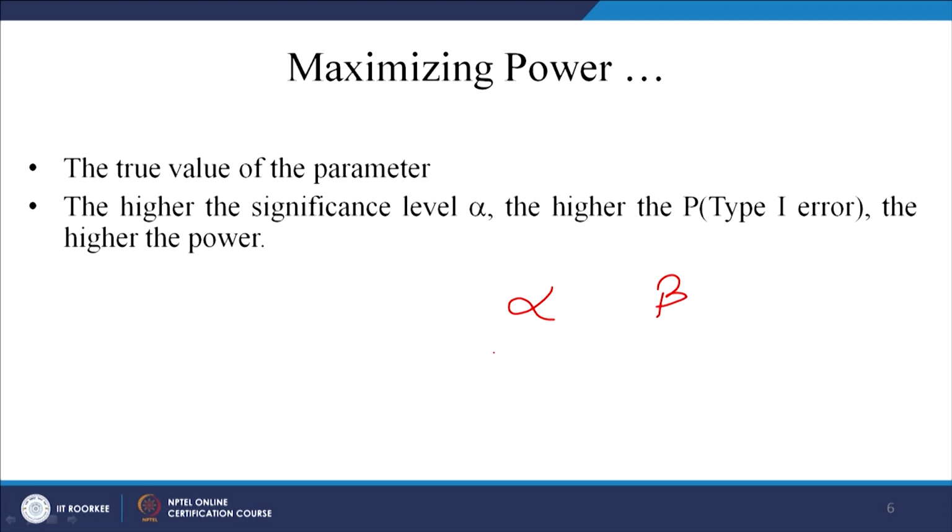If your alpha is high, beta will come down, and vice versa. As you have a higher alpha, automatically you have a lower beta. So, as a net result, your 1 minus beta becomes higher. Therefore, the higher the significance level, the higher the type 1 error, the lower the type 2 error, and therefore the higher the power.